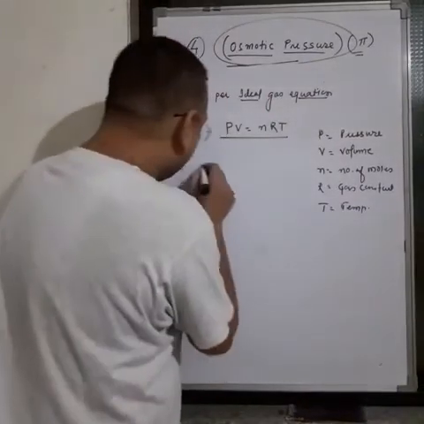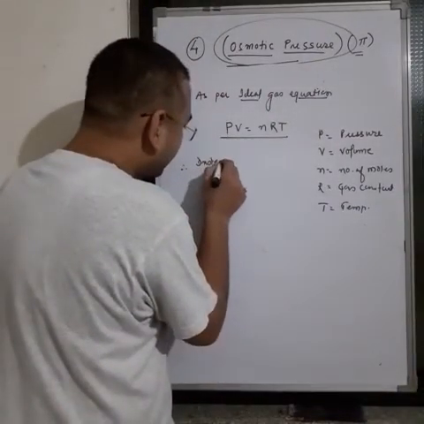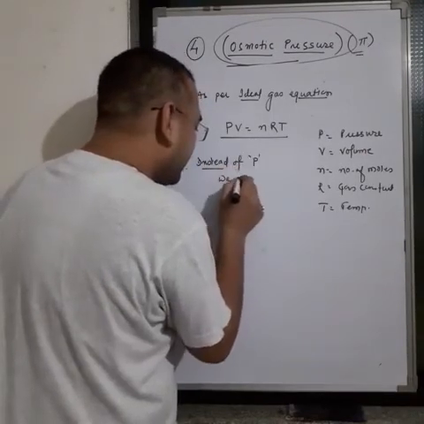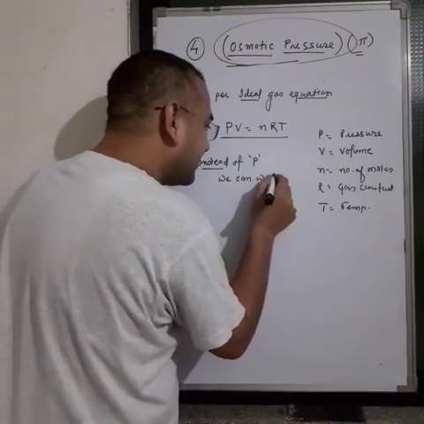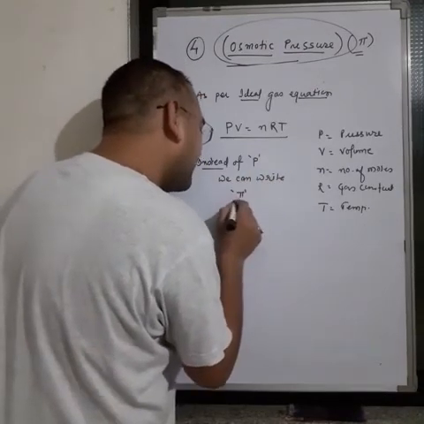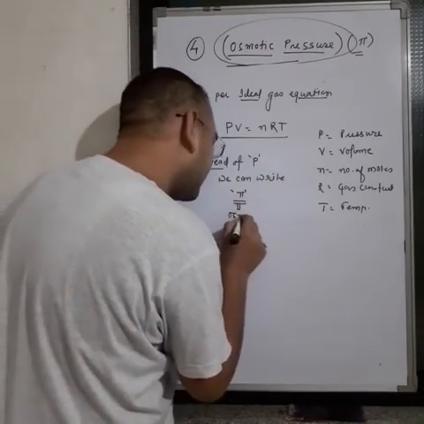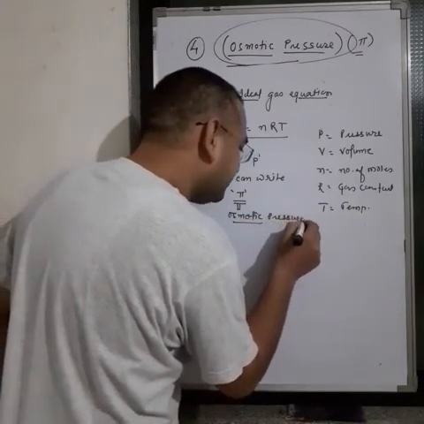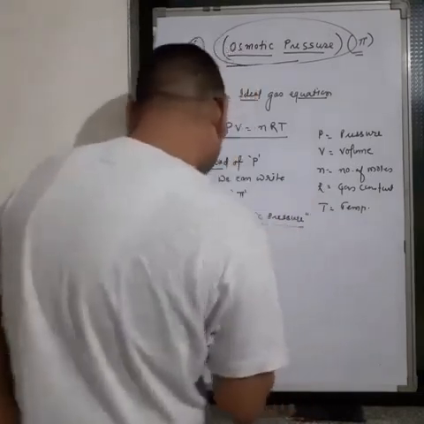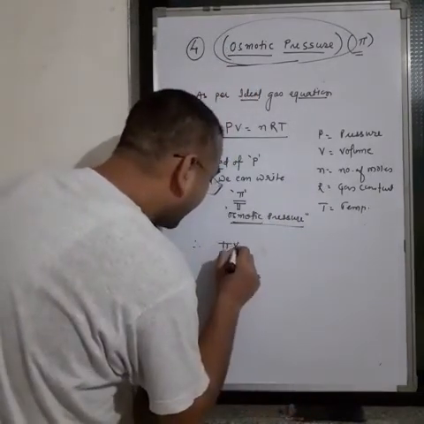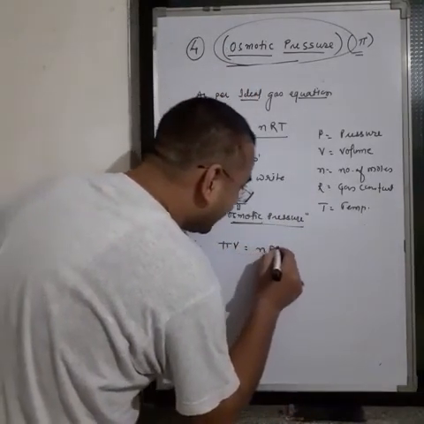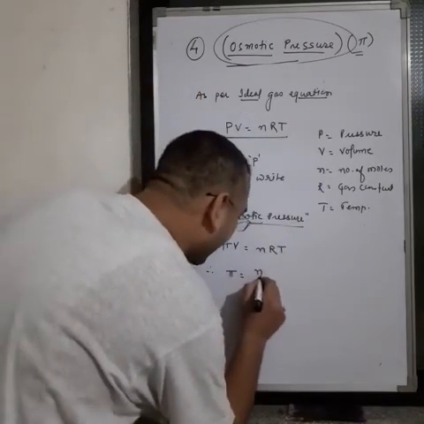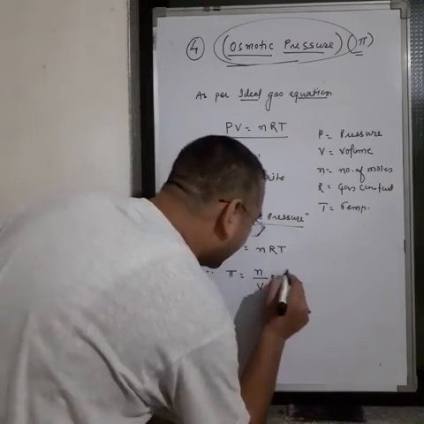So instead of P, we can write pi, pi for osmotic pressure. So pi V is equal to nRT. Here we can say that pi is equal to n upon V, RT.